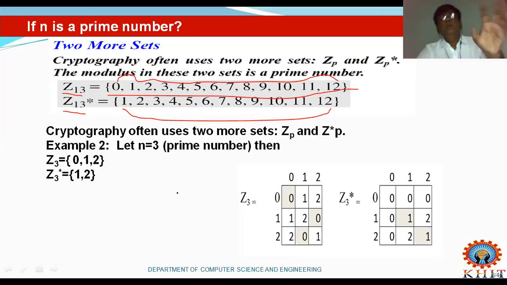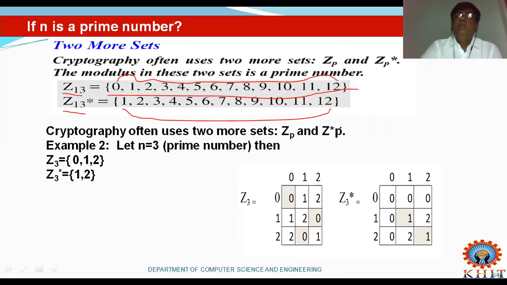So 1 to 12, all have multiplicative inverses because 13 is a prime number. If n is a prime number, then all numbers from 0 to n minus 1 have additive inverses, and all numbers from 1 to n minus 1 have multiplicative inverses.